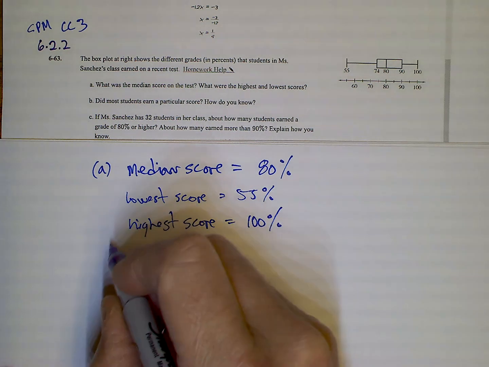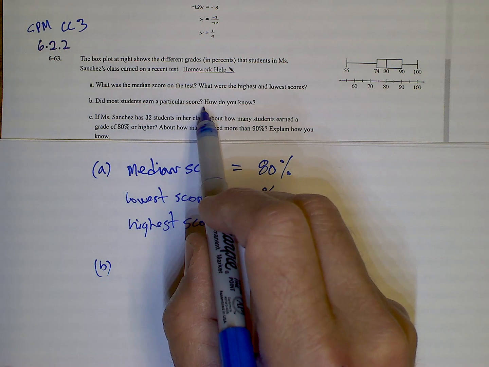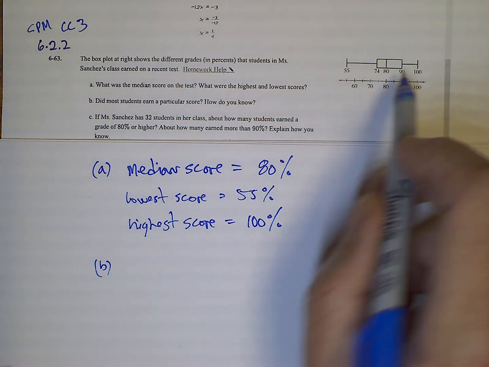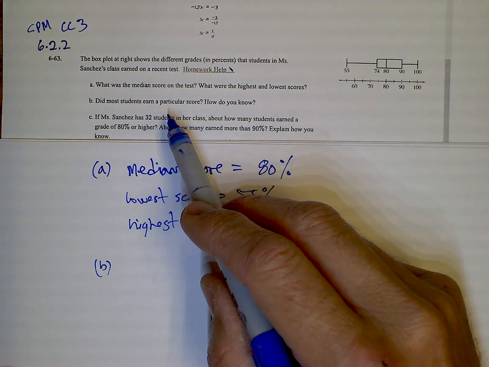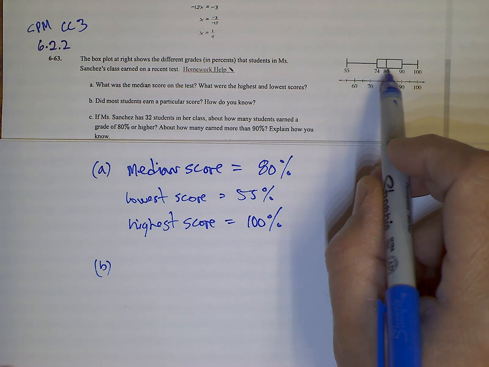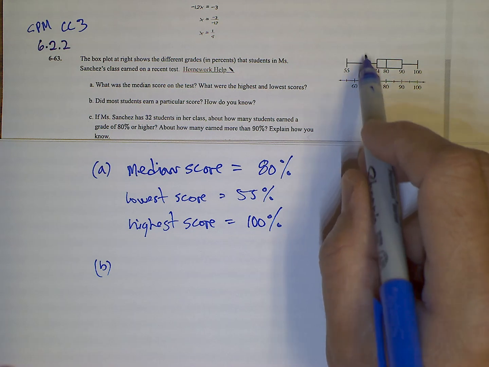Okay. So part B, what does B ask us? B says, did most of the students earn a particular score? How do you know? Well, from a box plot, you can't determine necessarily quantity of a particular score. What I do see is we know the 74 and the 90s. 74 represents the middle of the lower quartile, right?